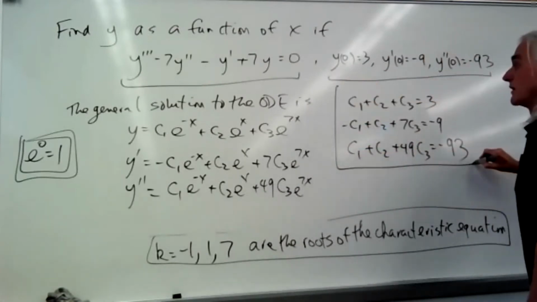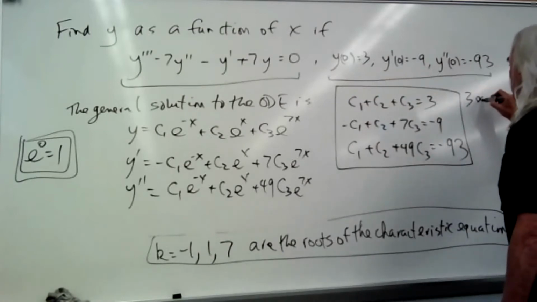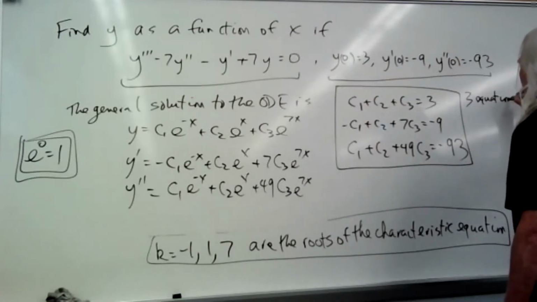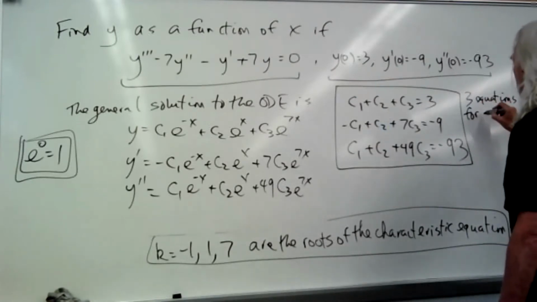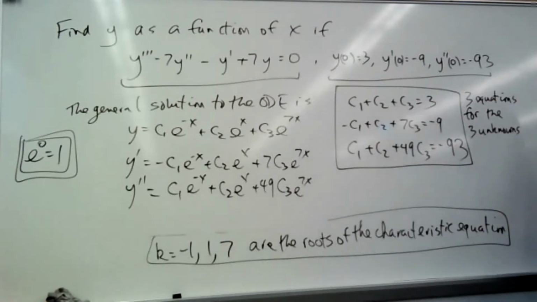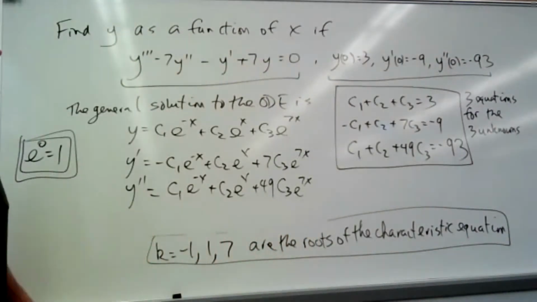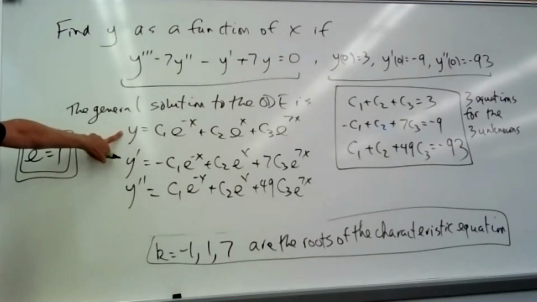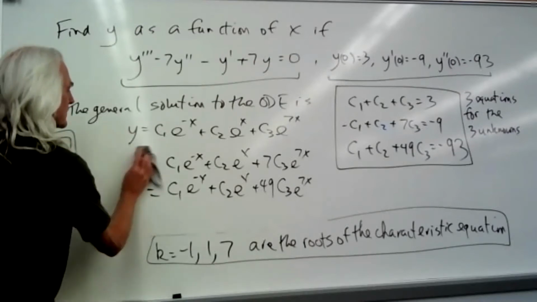Okay, so these are the three equations for the three unknowns C1, C2, and C3. All right. I'm not going to erase this general solution because I'll need it later, but I can erase the other stuff.